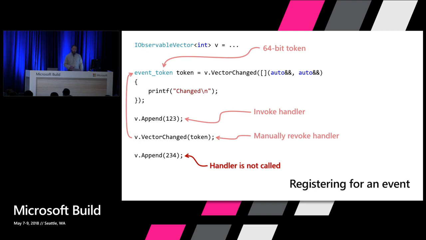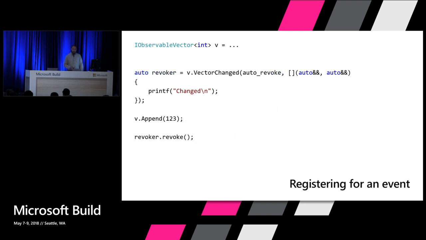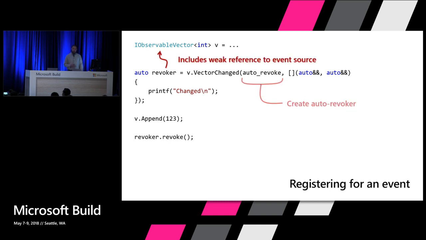But we have one final tip here for you regarding events, which is to use the auto-revoke keyword. The idea here is that this tells the projection to create an auto-revoker. The revoker itself, the object that is returned, is no longer simply that 64-bit value, but is instead an object that holds a weak reference to the event source. So the iObservable vector is held with a weak reference so that if the vector itself goes out of scope, the handler will automatically deal with that.